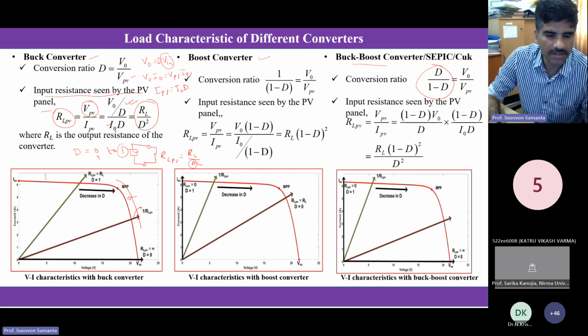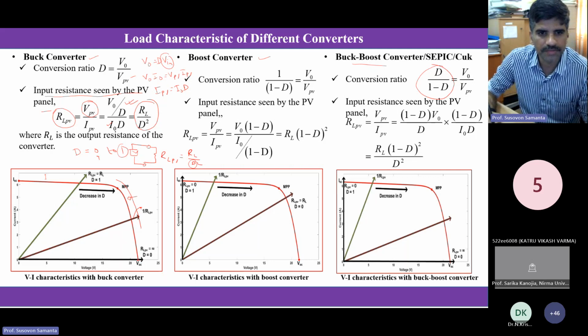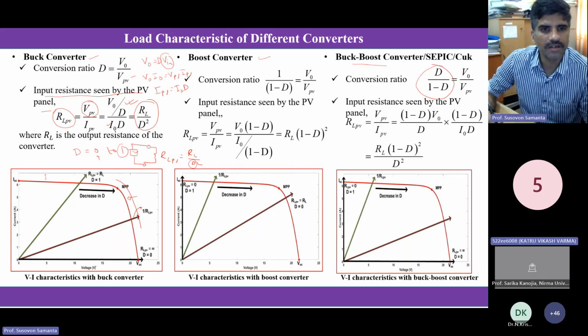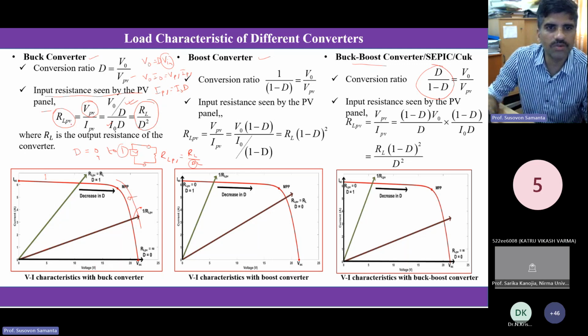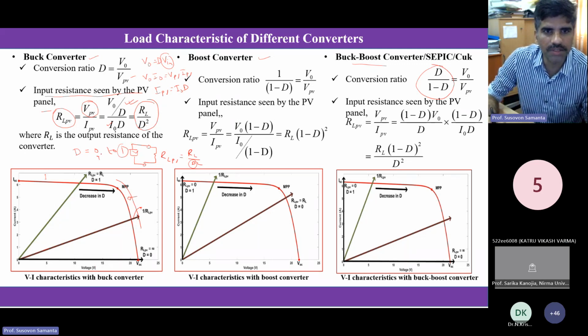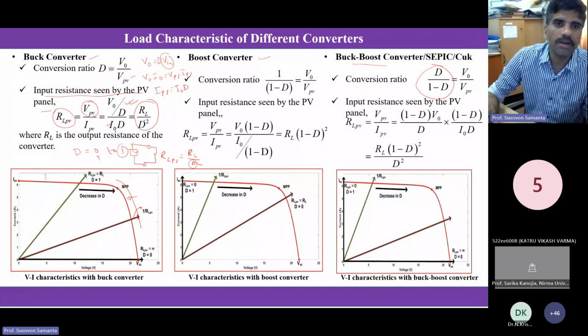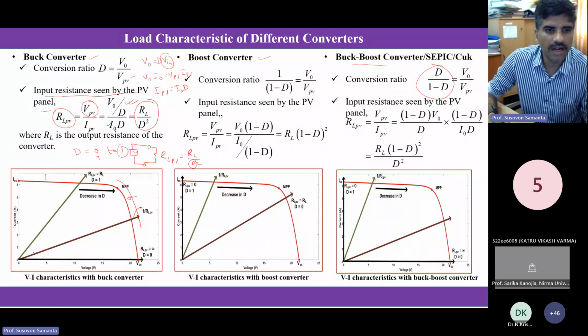It is infinity, which means open circuit, so this will be the point. And at D equal to 1, the maximum duty ratio I can go, the resistance seen by the PV panel is RL. So depending on the RL value, you can have this line.